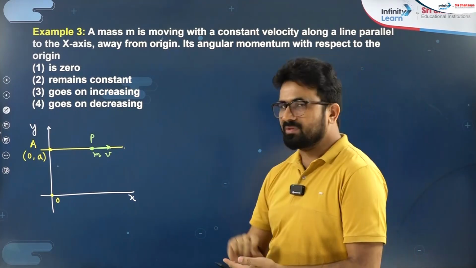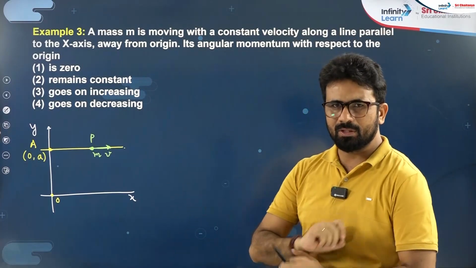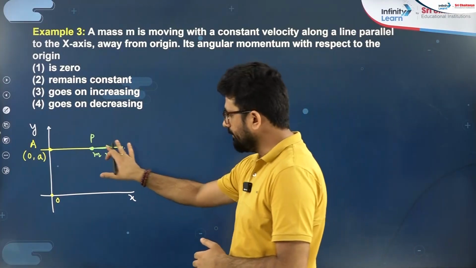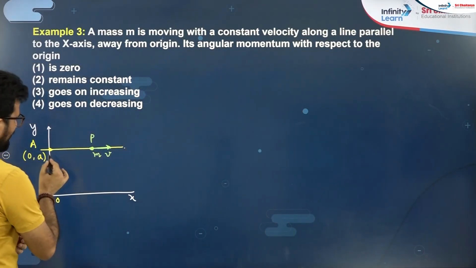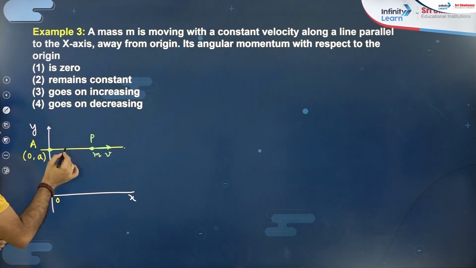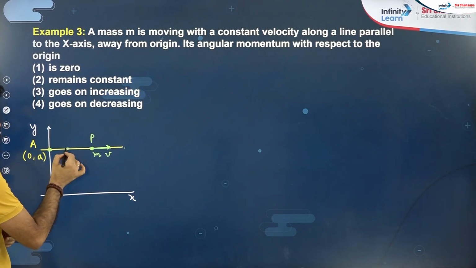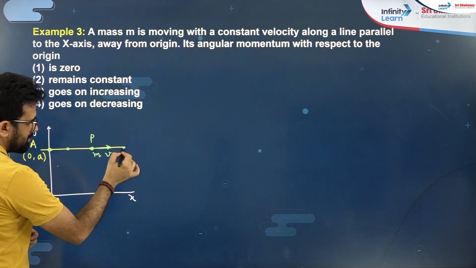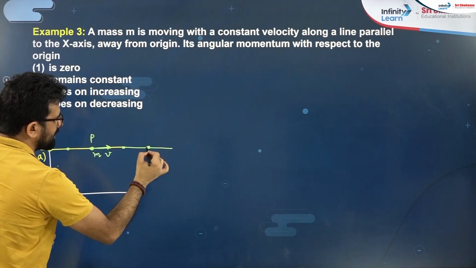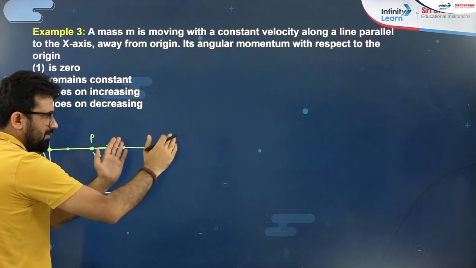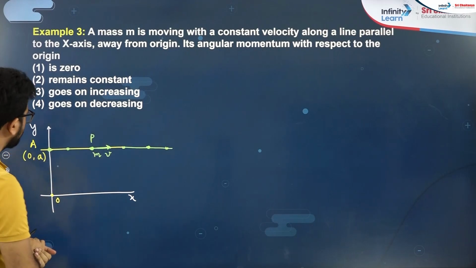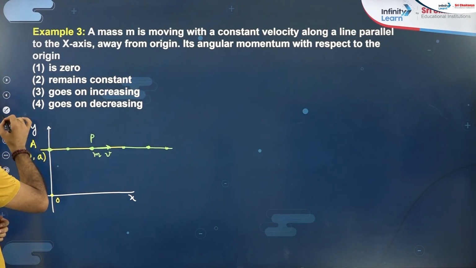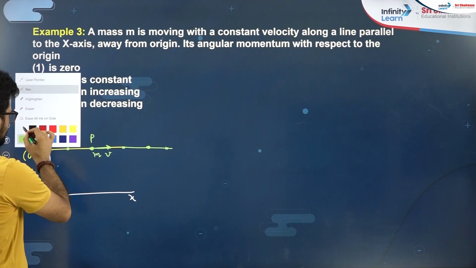Try to understand, wherever this particle is on this line, it does not matter. Suppose this particle started from point A, then it reaches here, then it reaches P, then it reaches here, and with time it goes on moving away one by one. At any point of time, you will understand one thing very clearly from here.